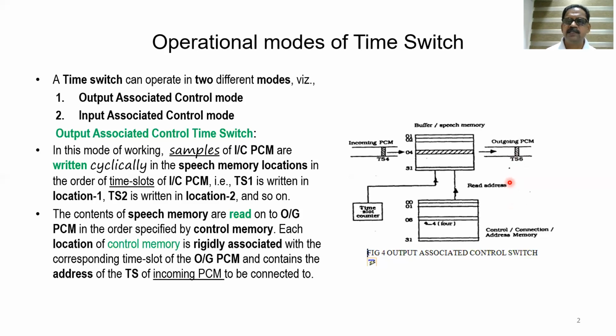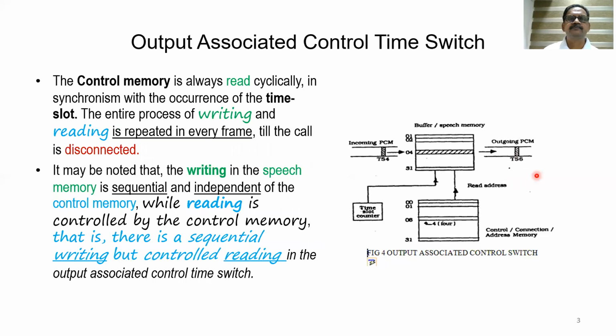Here we decide from which incoming PCM time slot to which outgoing PCM time slot it is to be connected, so that the calling and called party can speak. We will continue our discussion on output associated control time switch.